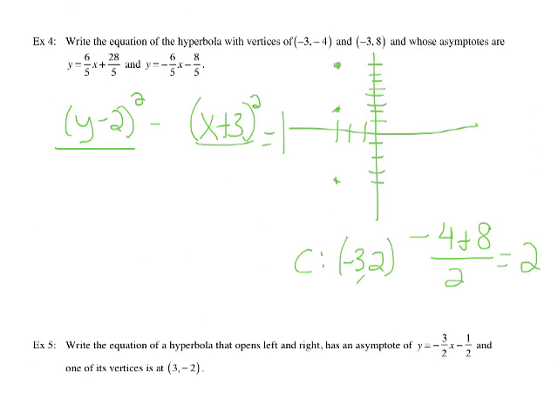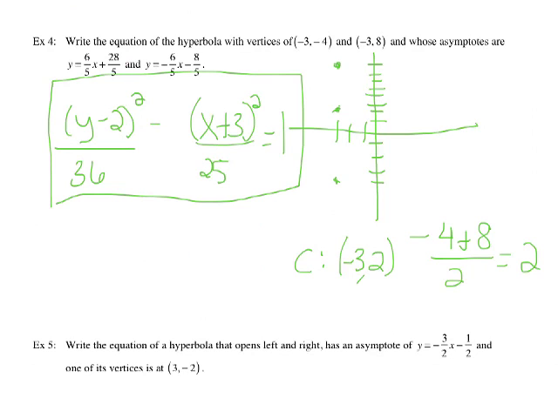Well, as we discussed in class on day 7 yesterday, the slope is the square root of the denominators, and it's always y over x. So what goes underneath y is going to be 6 squared, which is 36. And what goes underneath the x is the 5 squared, which is 25. And that would be the equation of my hyperbola given that information.